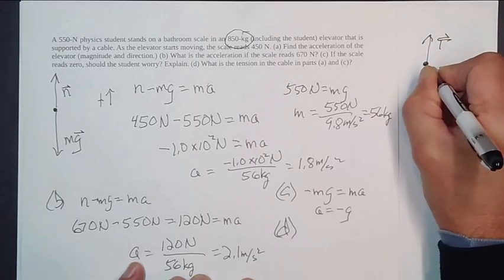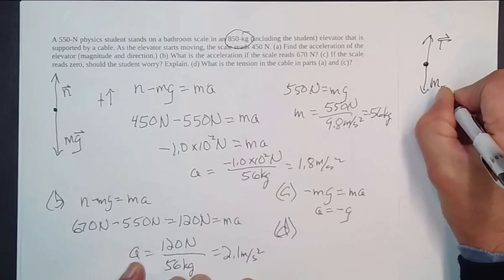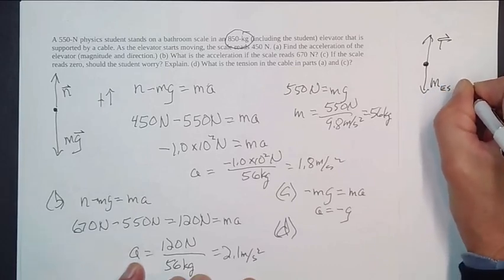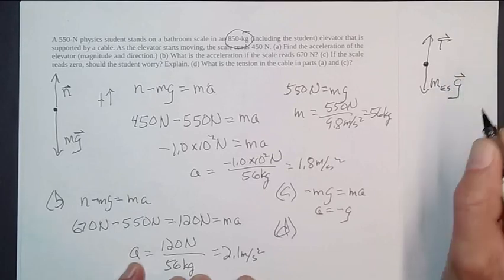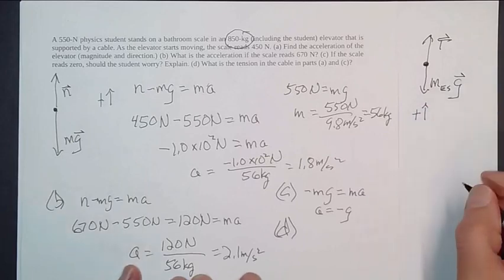it's supported by tension, and then I'll write M sub ES for the mass of the elevator and student times G is the downward force, with positive being upward again.